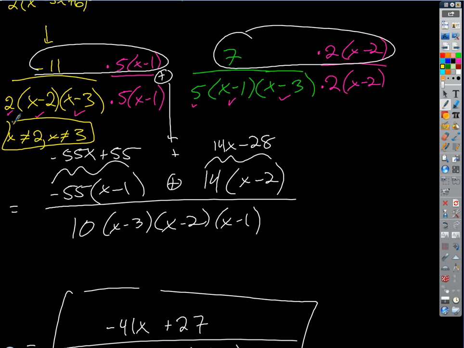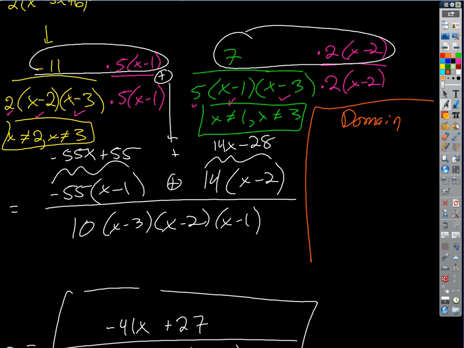Because for that yellow fraction to be defined, you can't divide by 0, so we have to exclude those x values. What about the green fraction? What values do we need to exclude there? x can't equal 1, and x can't equal 3, but we already had the 3, didn't we? Right? So combined, then, what's the domain? Maybe 1, 2, 3. Yeah, x just can't equal 1, x can't equal 2, and x can't equal 3.